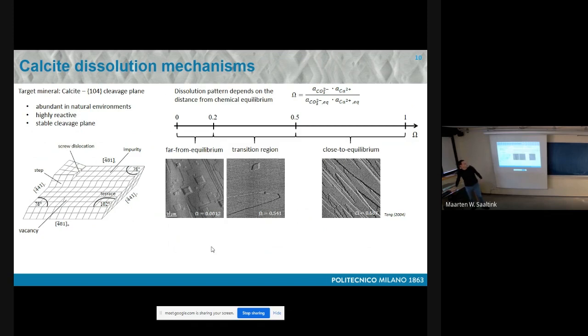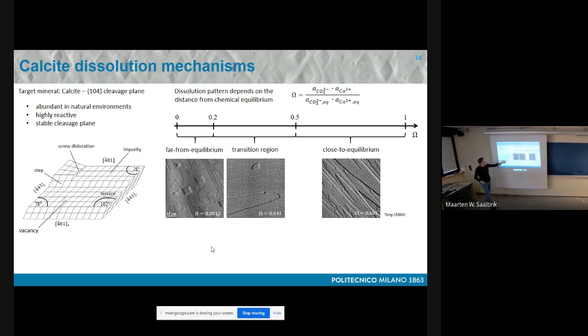So there are several mechanisms which are associated with different evolution of the topography of the surface of the crystal, focusing on calcite. The type of patterns of the surface of the crystal can be roughly classified as a function of the saturation condition, far or close to equilibrium.